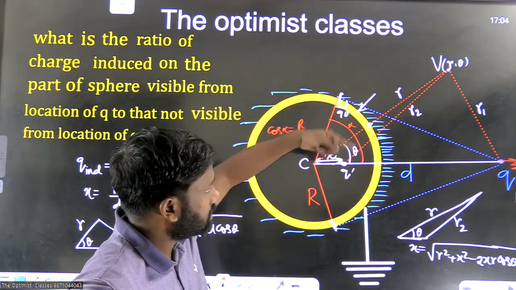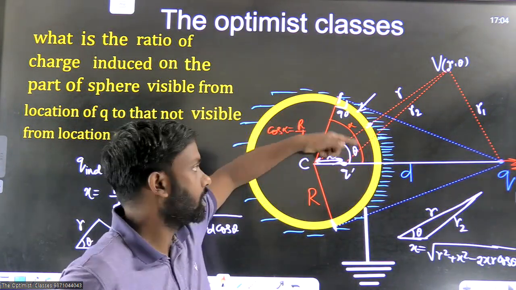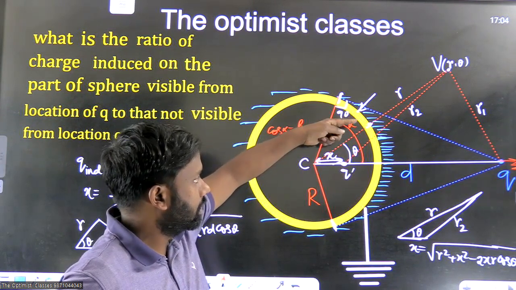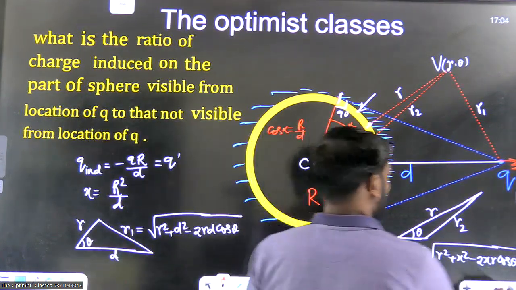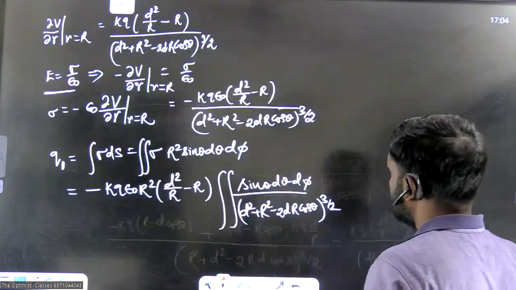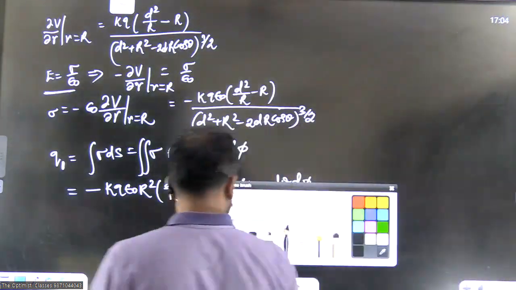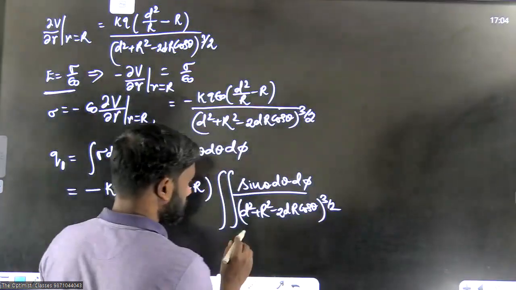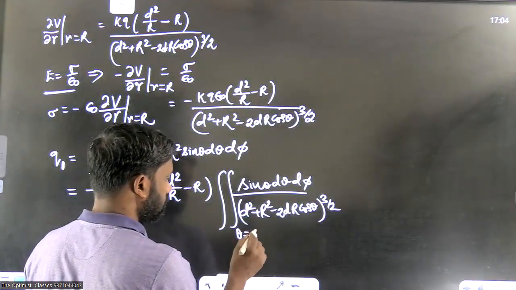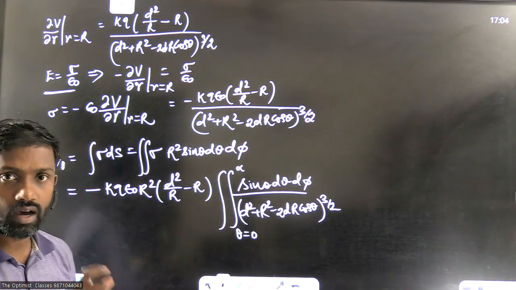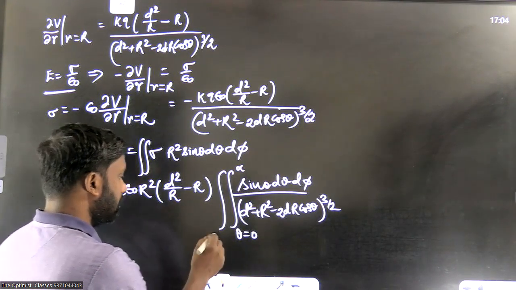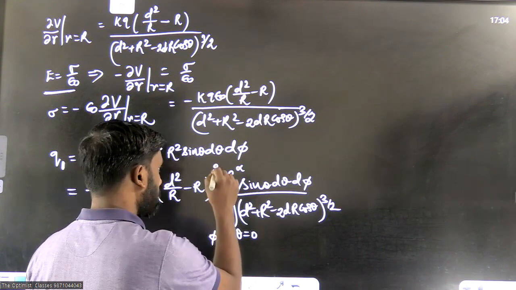The sphere is present all around the z direction, so the phi limit will be 2 pi. The theta limit will be 0 to alpha, where cos alpha is R by D, and the phi limit will be 0 to 2 pi.